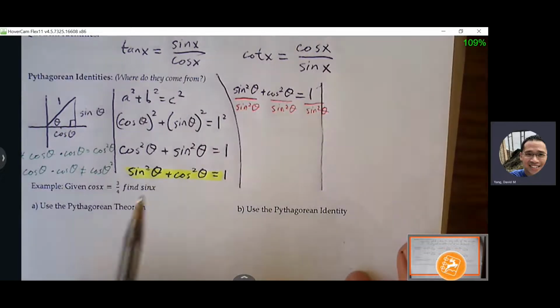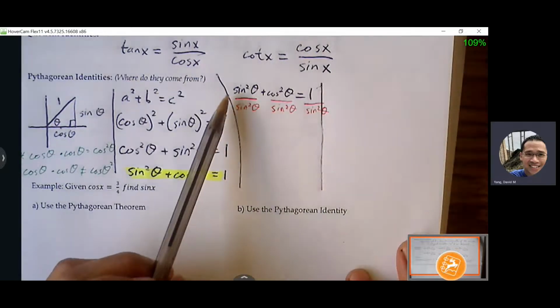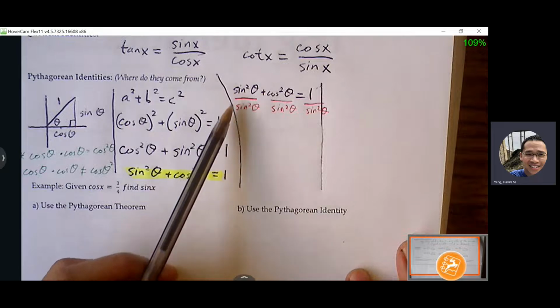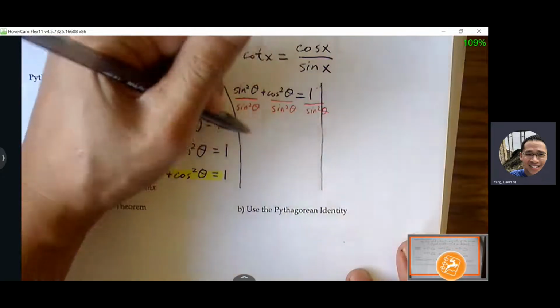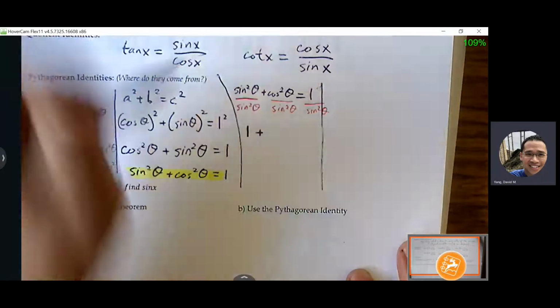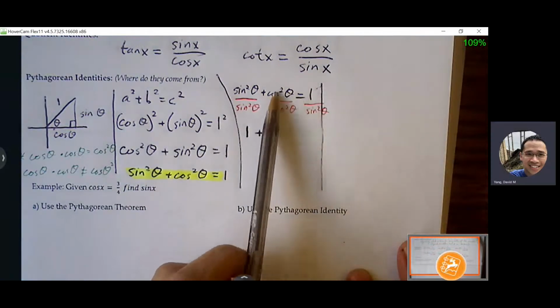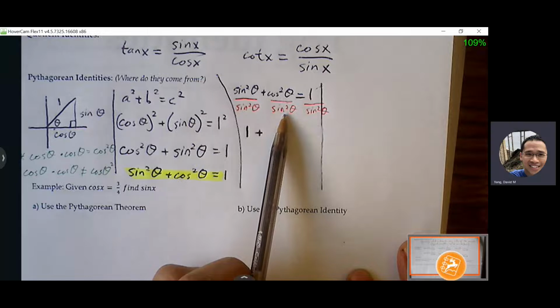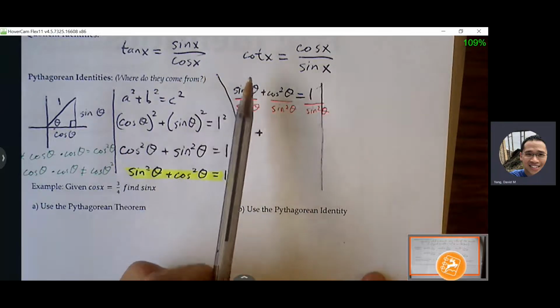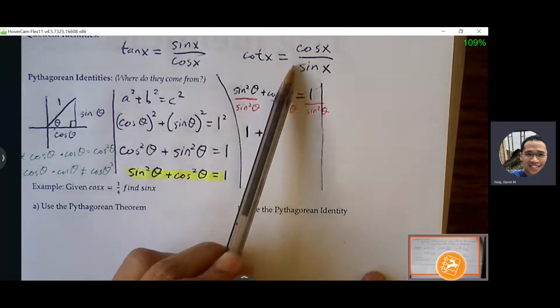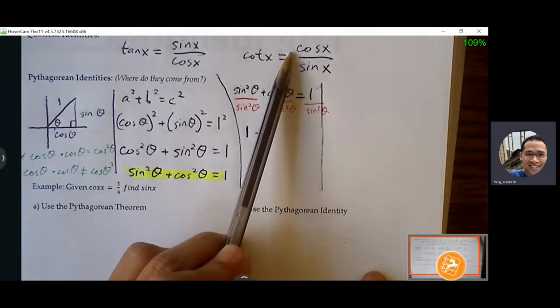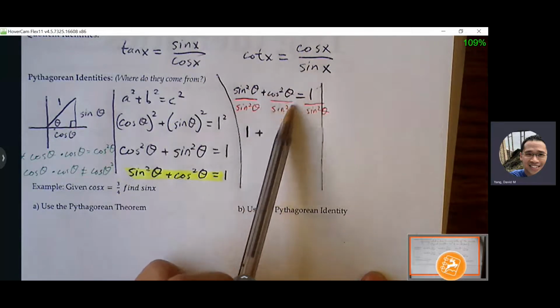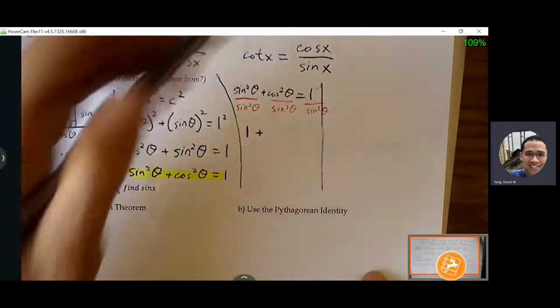So let's see if we can clean this up, just seeing what we have in front of us. What do you think sine squared over sine squared can reduce to be? Just 1. Okay. What do you think cosine squared over sine squared can be represented as? Good. So you see, cotangent is cosine over sine. We just talked about that. So I'm going to represent this as cotangent squared.